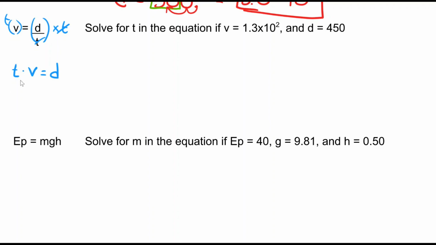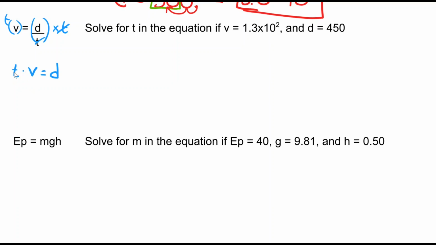So now that there's no fractions, this is way easier to solve for. So if you ever see that the variable you want to isolate is in the bottom of a fraction, called the denominator, then multiply both sides by that variable. And it will cancel on the one side and reappear in the numerator of the other side.